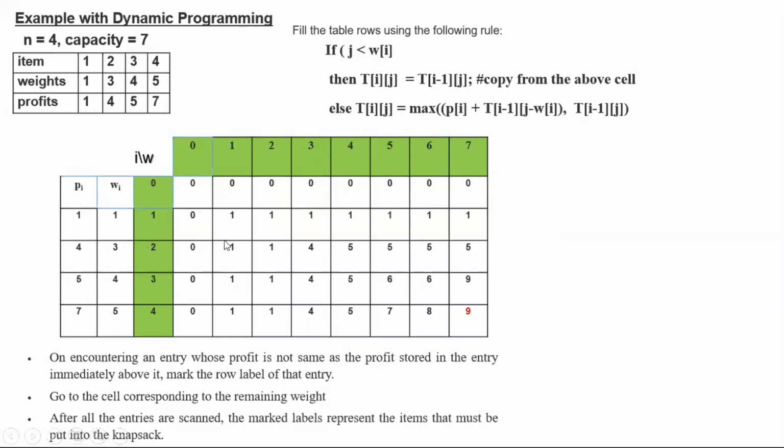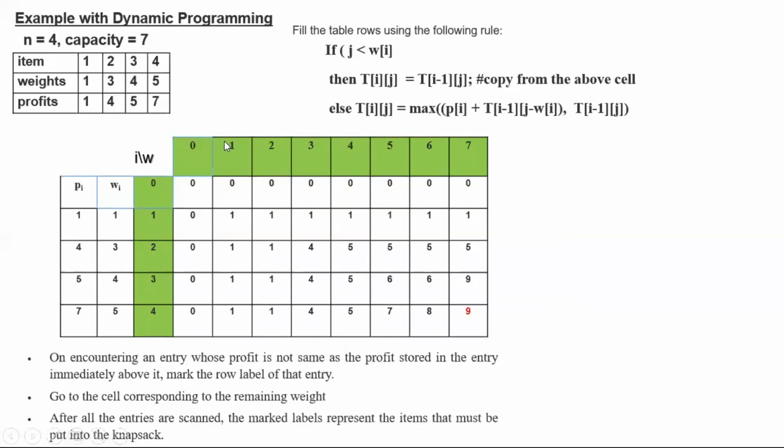the process of filling the other entries in the table using the given formula. Do you see the logic of filling the table? Now, if we have item 1 with weight 1, we cannot put item 1 in a 0 weight knapsack.